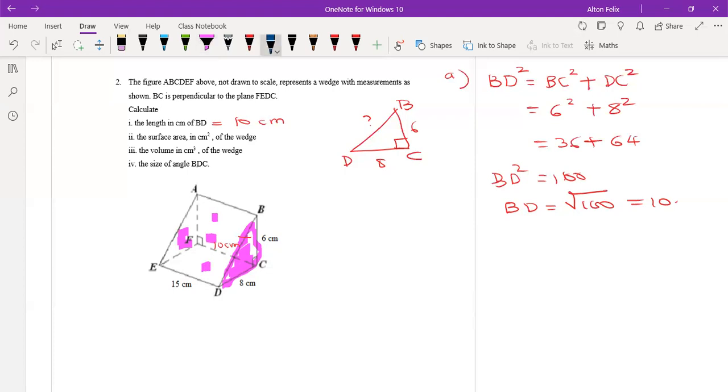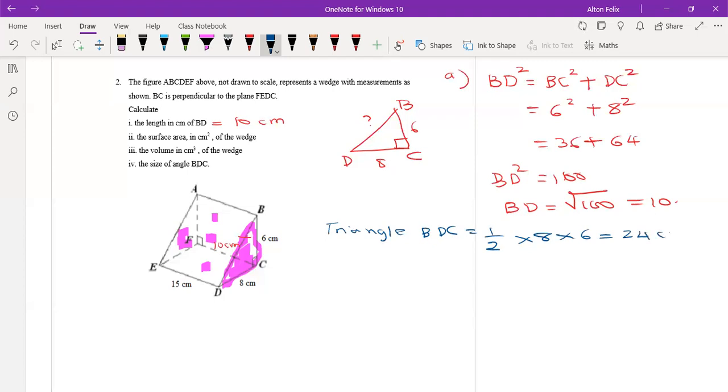So we need to look at all of those areas and then we're going to sum them. So let's start with the triangle. Area of a triangle. So let's go with triangle BC. This will be half the base multiplied by its height. Half of 8 is 4, by 6 is 24.